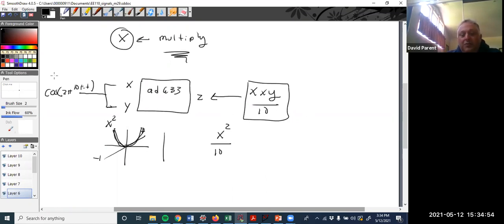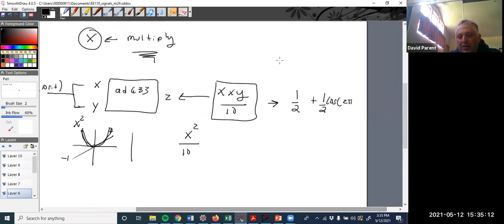Well, we know just from the trig identity that we should really get 1/2 plus 1/2 cosine 2 pi, and I might be wrong, that might be a minus sign. I'm thinking that's a minus sign. 2 pi times 20 kilohertz times time. All right.